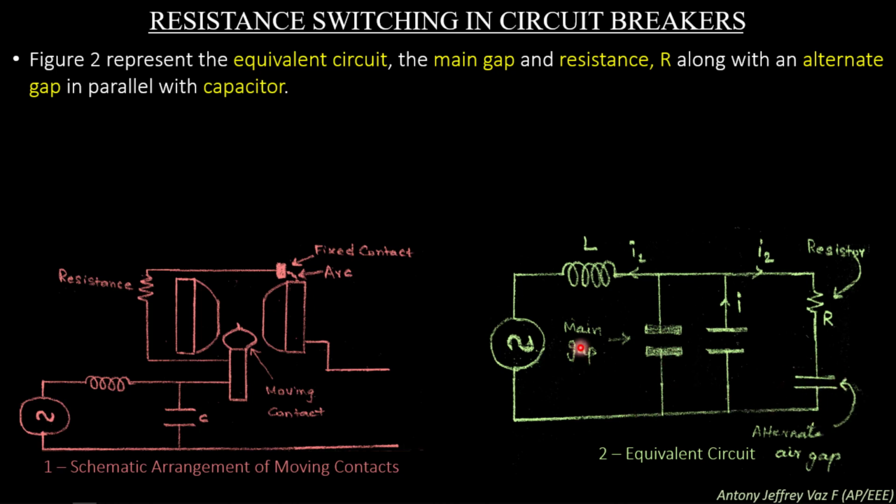Here, the main gap is the gap provided between the fixed contact and the moving contact, and the alternate gap, represented in the equivalent circuit here, is the gap between the fixed contact and the shunt resistance contact. So this contact gap is connected with the shunt resistance which is used in resistance switching.